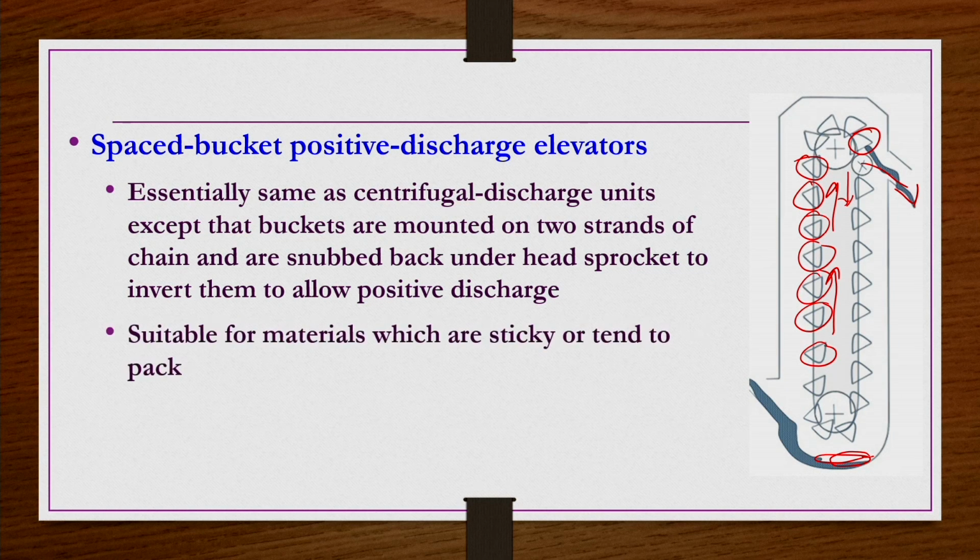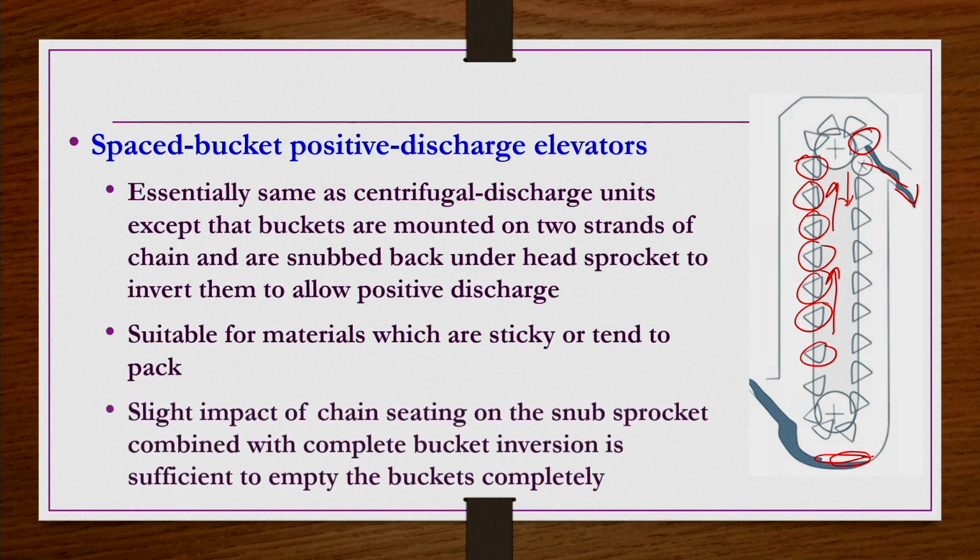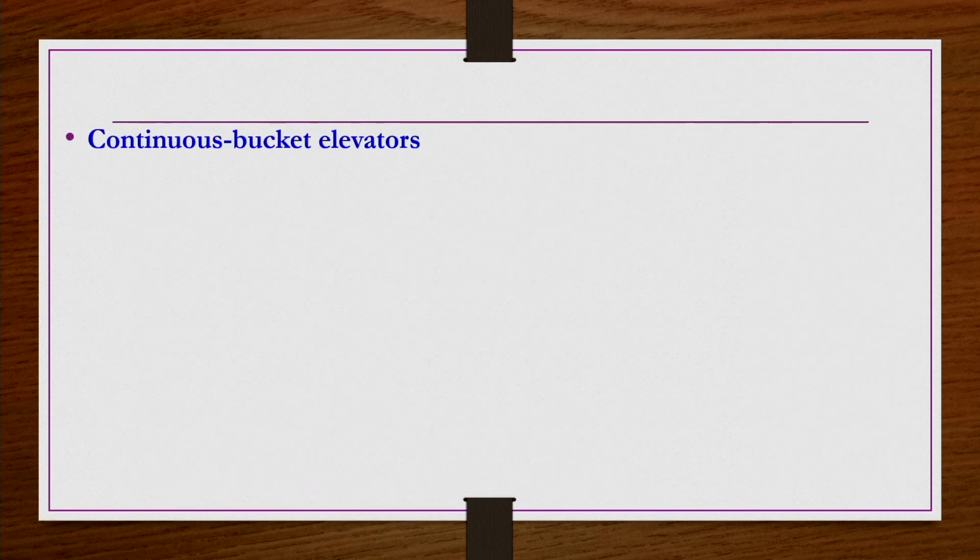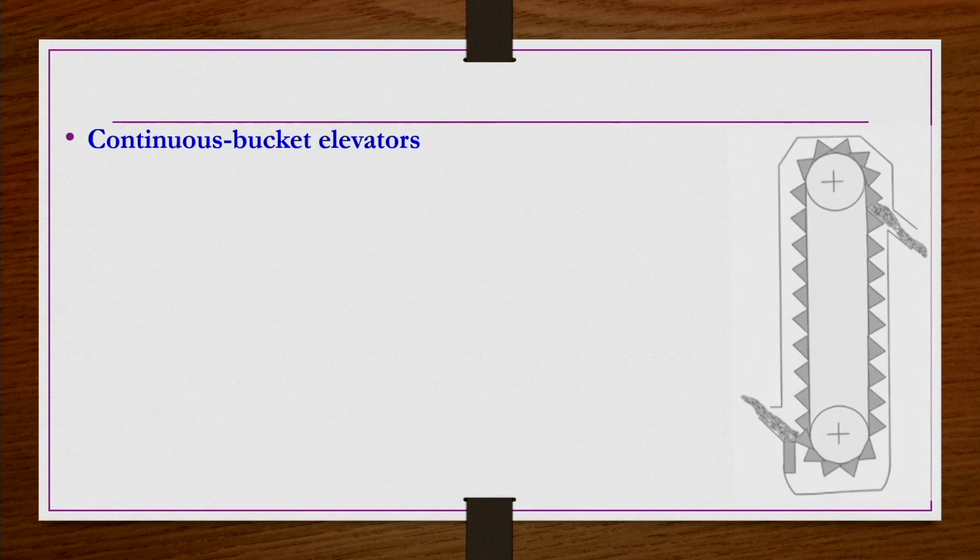They are suitable for materials which are sticky or tend to pack, and the slight impact of chain seating on the snub sprocket combined with complete bucket inversion is sufficient to empty the buckets completely, which is very important. Then we have continuous bucket elevators.